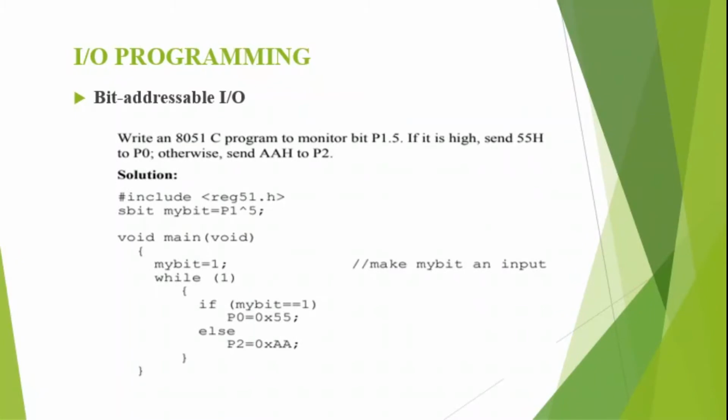Then in the main function we are assigning 1 to the myBit variable, that is, we are assigning the value 1 to port 1.5, the D5 bit of port 1. Then in the while loop we are checking whether myBit is equal to 1. If it is equal to 1, then assign the value 55H to port 0, else assign the value AAH to port 2.